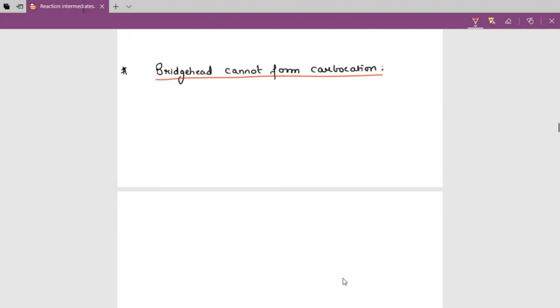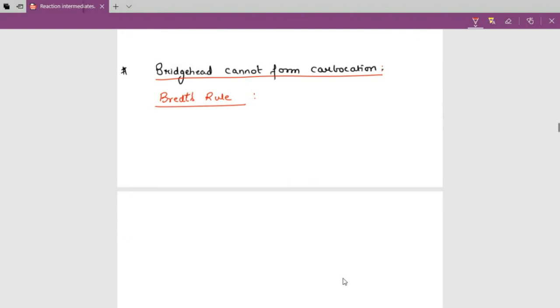Now, what does it say? In the case of bridgehead carbocations, there is a rule called Bredt's rule, which says that a bridgehead of a bicyclo compound cannot become planar.